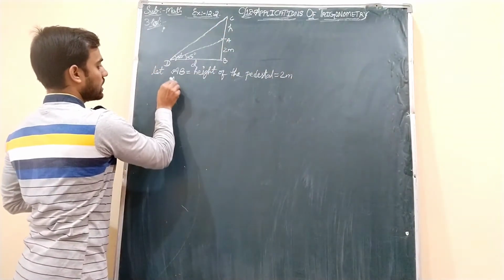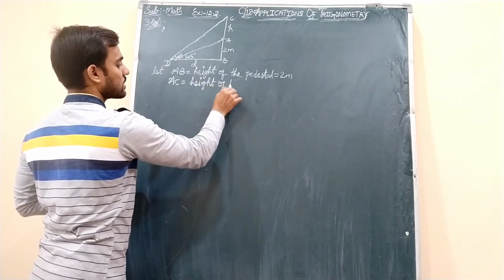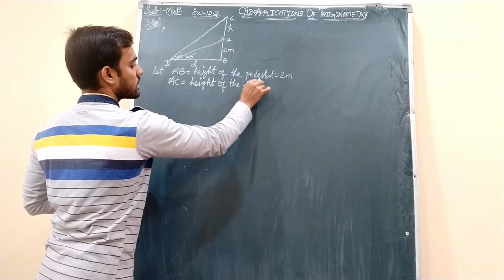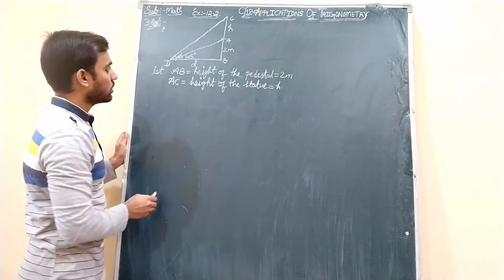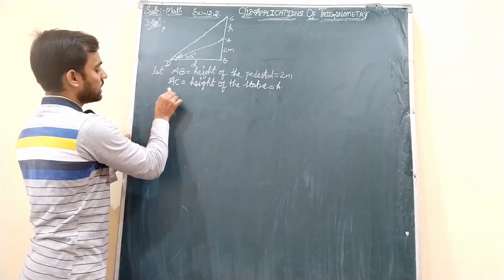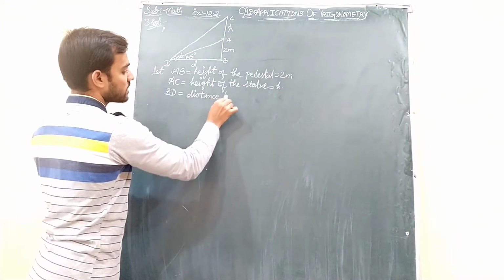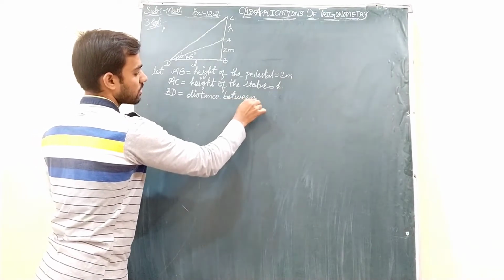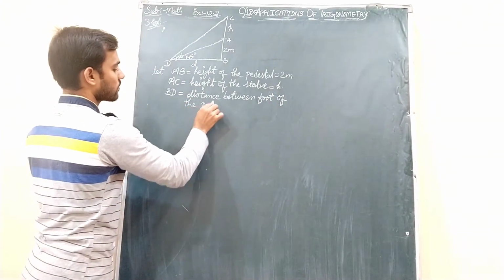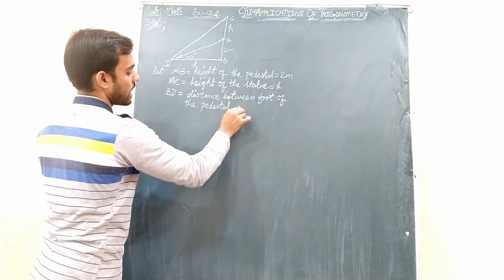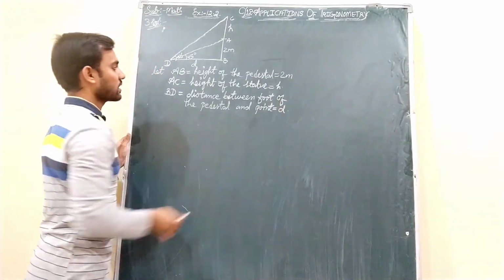Then AC we took as the height of the statue, and the height of the statue we have assumed as H, as we have to find that. Now BD is the distance between the foot of the pedestal and the point, and this we have taken as small d.